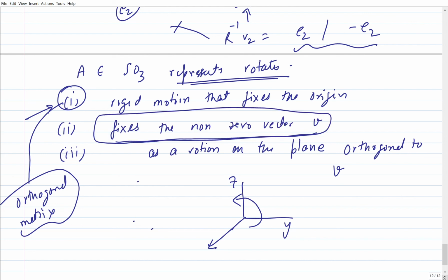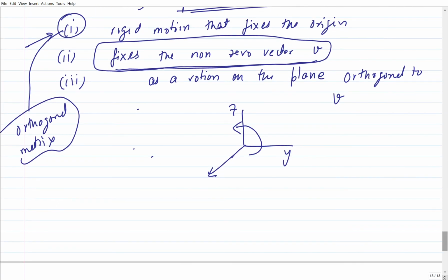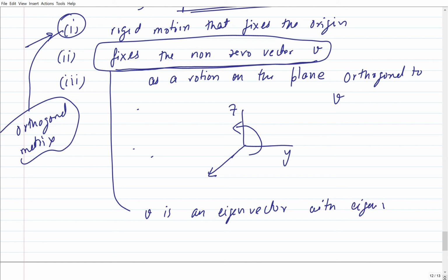This fixes some non-zero vector V if we show that this is an eigenvector. So we show that V is an eigenvector for the operator with eigenvalue 1.